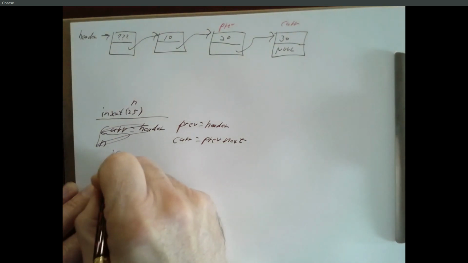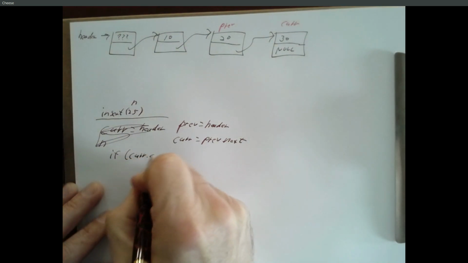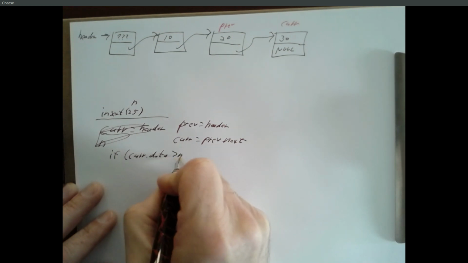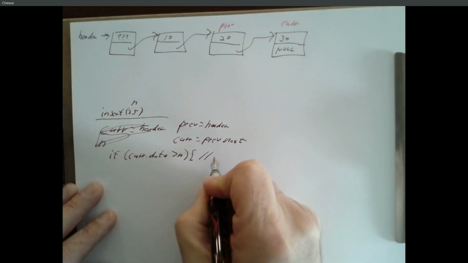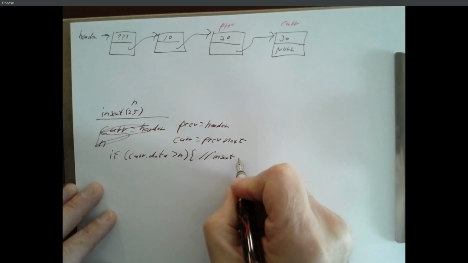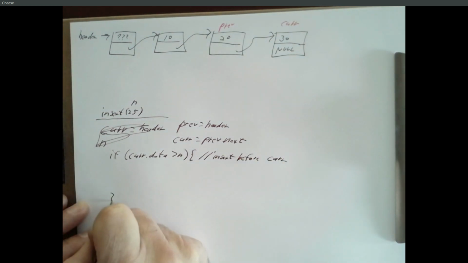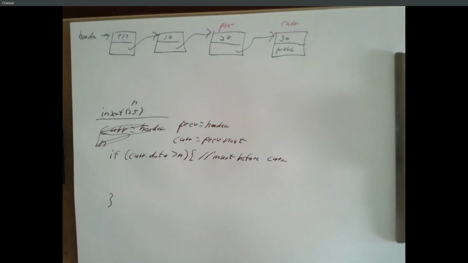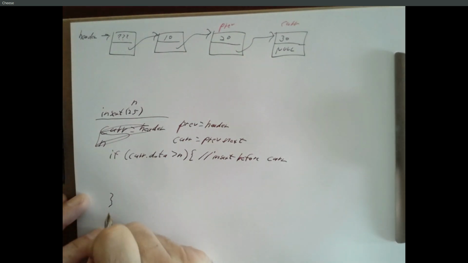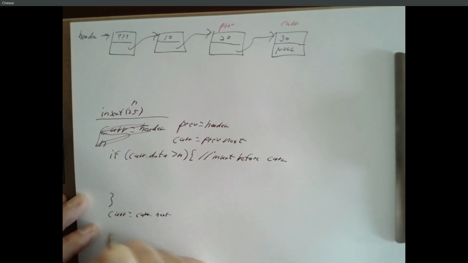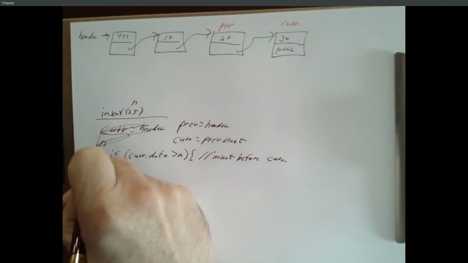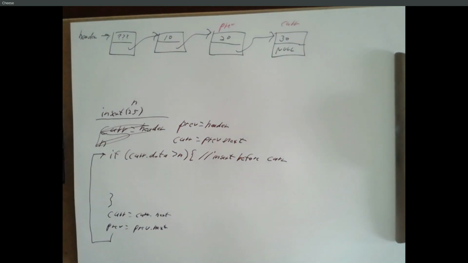And then if current data is bigger than n, insert before current. Otherwise, again, just move down the list: current equals current.next, previous equals previous.next. And then go back up to the top of our loop.